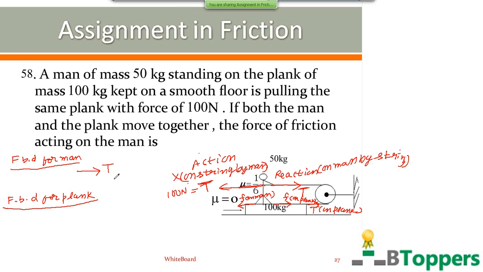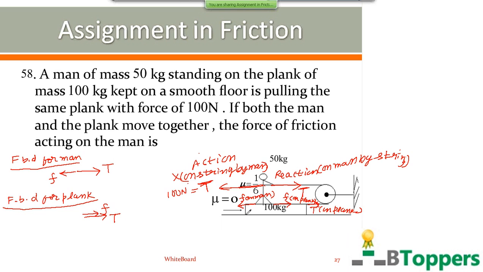So the frictional force on the man acts towards left side, so it should be shown in the free body diagram for the man. The frictional force on the plank acts towards right side, so it should be shown in the free body diagram for the plank. The tension force on the plank acts towards right side, so it should also be shown in the free body diagram for the plank.